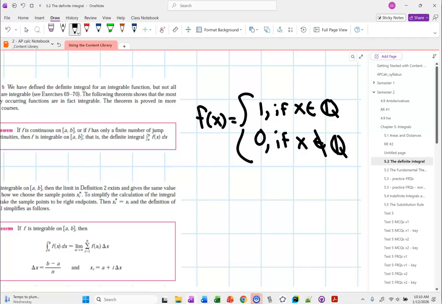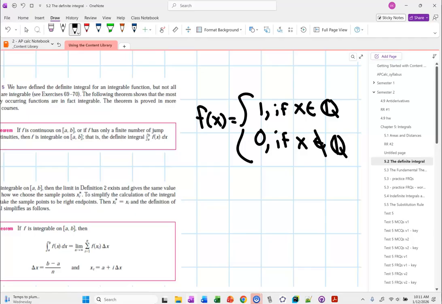So between any 2 points, like between 0 and 1, how many jump discontinuities do we have? Infinitely many, because how many rational numbers are there between 0 and 1? Infinitely many. How many irrational numbers are there between 0 and 1? Also infinitely many. We're going to have infinitely many jump discontinuities in between.